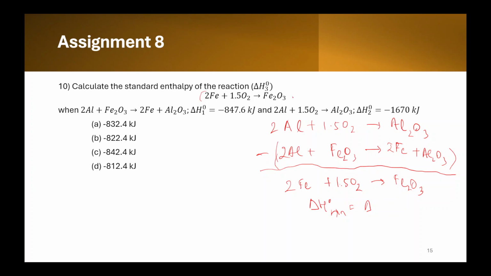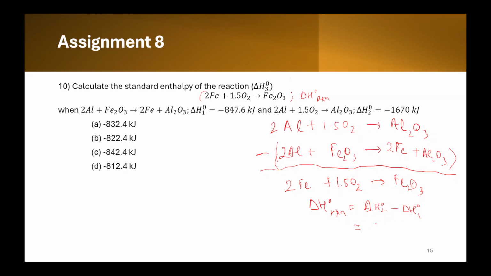So suppose this has enthalpy delta H naught reaction, so that will be delta H2 naught minus delta H1 naught. So we compute that here.